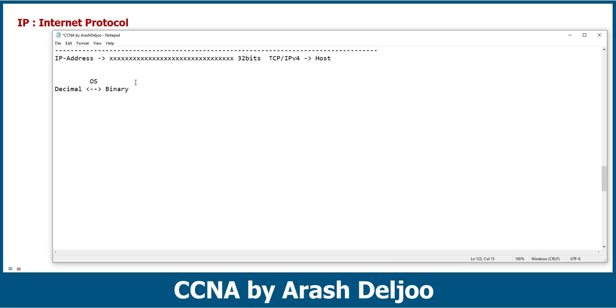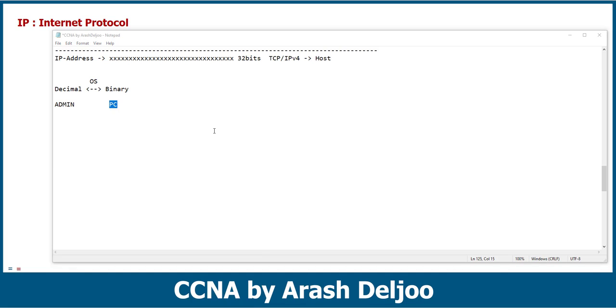And when a binary value is received from the networks, the operating system can convert it to decimal for the administrator. The administrator is the manager of the networks and uses decimal, but the PC uses binary values. Because of that, the PC and administrator can communicate with each other easily.